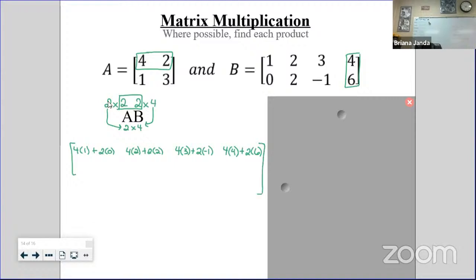I remember which way I'm supposed to be multiplying. And then we start over. So now I'm going to go back to that first column again and move down to my second row. So now I'm using that 1 and 3. Move to my second column.